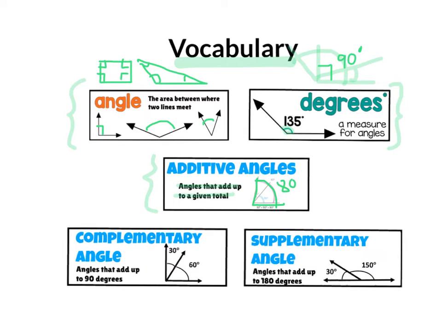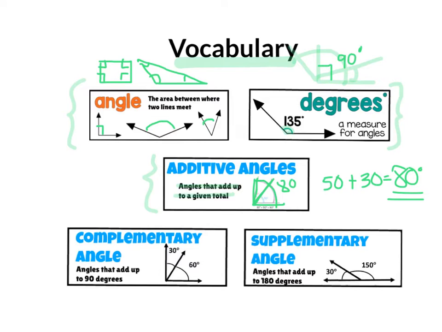And if you see, it's split into 2 smaller angles, 50 degrees and 30 degrees. So when we add 50 degrees plus 30 degrees, we get 80 degrees. So that is just angles that add up to a given total. That's what we're going to be focusing on today.